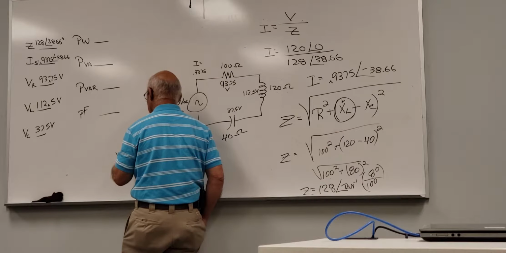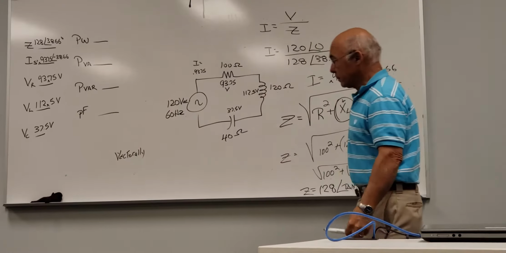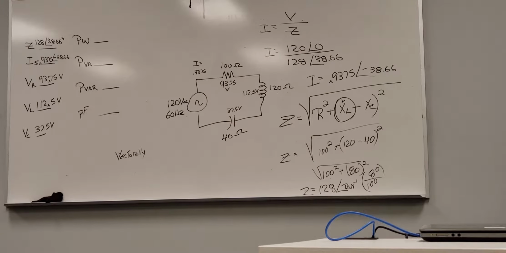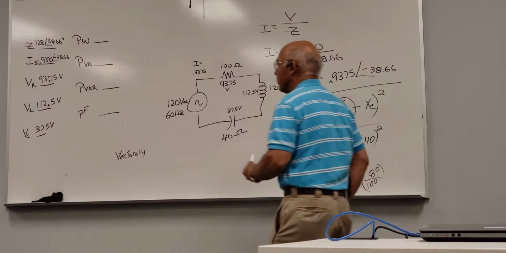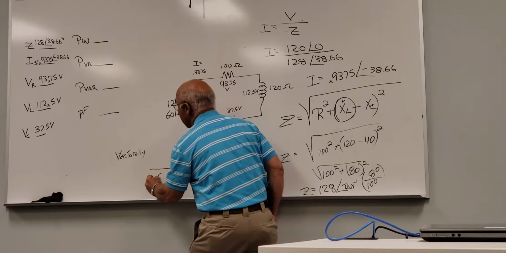Everything we do with AC circuits, we gotta add them, divide them, subtract them, multiply them vectorially. The voltage across the resistor, 93.75 volts.